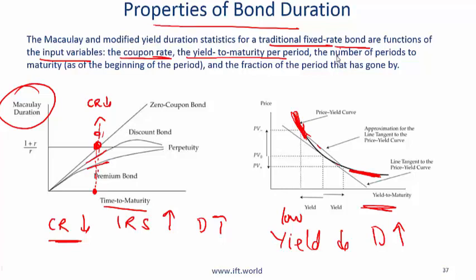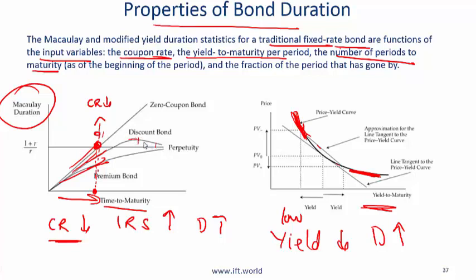And then the third point is the number of periods to maturity. So if you think of time to maturity, notice that across the board, with the slight exception of a discount bond towards the end, but by and large, as time to maturity increases, what's happening to duration? It's also increasing. So at this stage, I'll not focus on the hump of the discount bond.